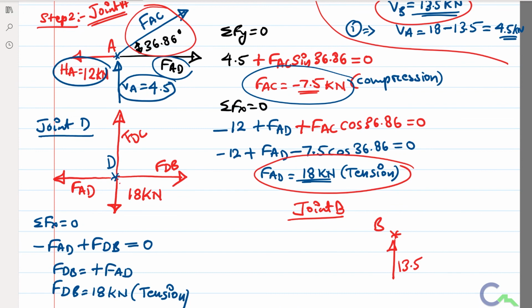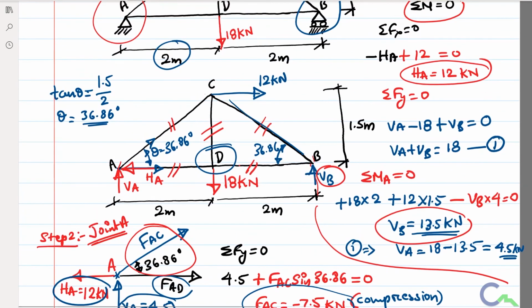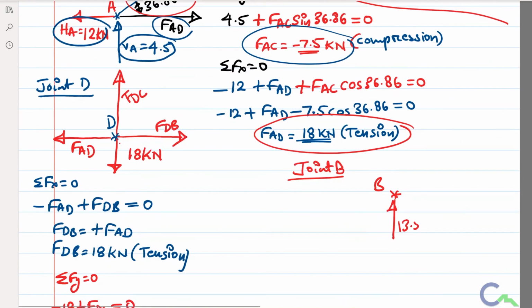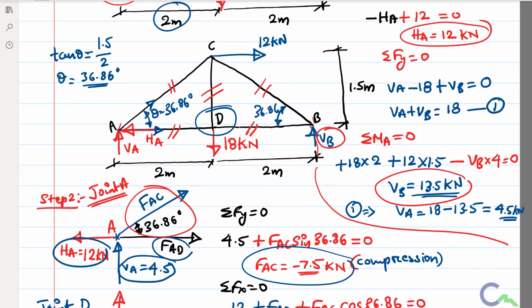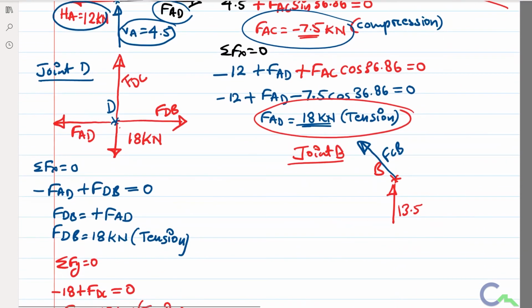CB as tension, that member is here, this member. I'm considering it for the first time, I will take that as tension FCB, like this, FCB. Then FDB, this force FDB, I already considered in the previous step.